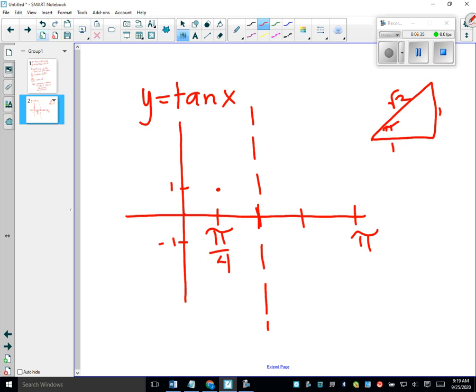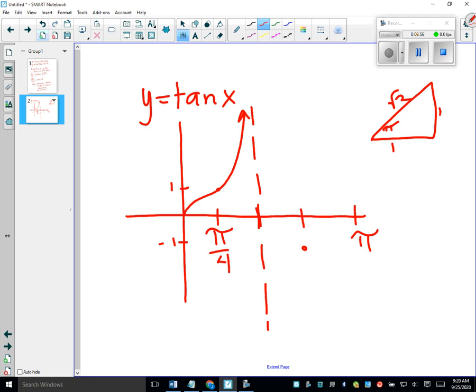And I believe the tangent graph looks like this, doesn't it? And then over here at 3 pi over 4, wasn't it negative 1?